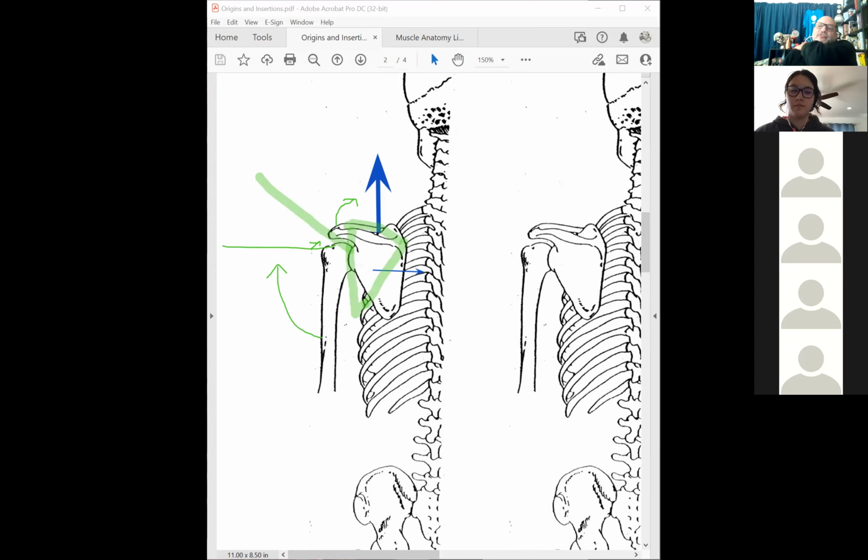This is actually something hard to do on yourself, but if there's somebody else in your household, put your hand on their scapula and have them abduct the arm. As you'll notice, as they first come up, the scapula doesn't move at all. But then as you continue to go up, the scapula will actually rotate. And so you can actually feel that occurring. Notice again, the appropriate terms are to elevate, right? But we can cheat. We know that elevate also means to raise.